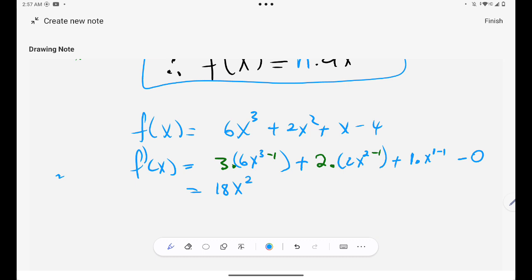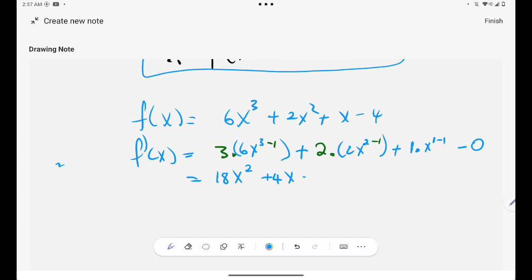And then 2 times 2 is 4, times x to the power 1, because 2 minus 1 is 1. And then here I will have 1, because x to the power 1 minus 1 is x to the power 0. Anything to the power 0 is what? It will give me 1. So this will be my derivative.